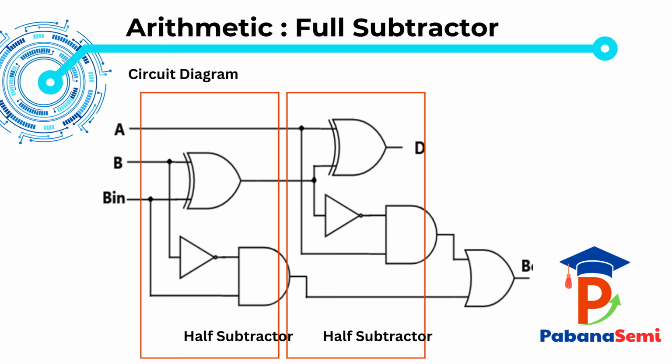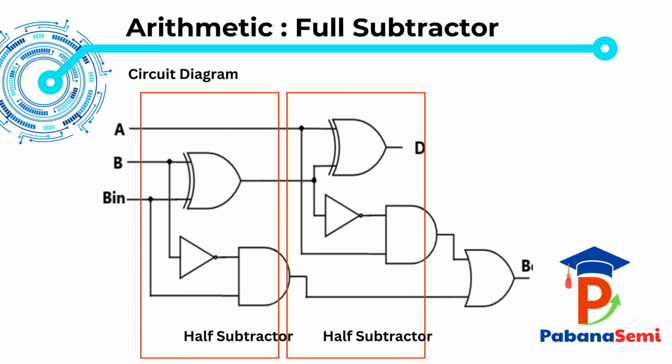Next, the second half subtractor takes that intermediate difference d1 and subtracts the borrow in bin. This produces the final difference output d and another borrow B2. Finally, the overall borrow out, BOUT, is generated by combining the two borrow signals.